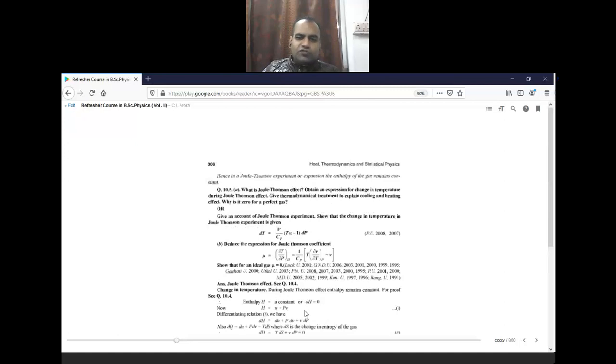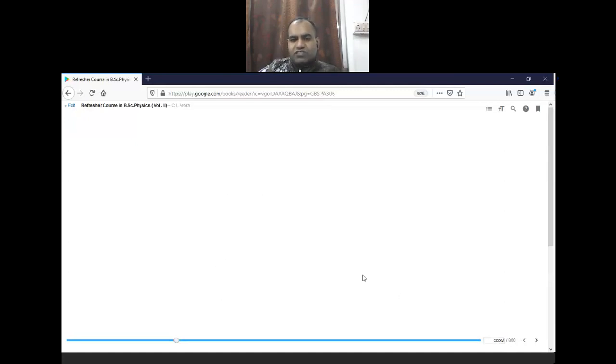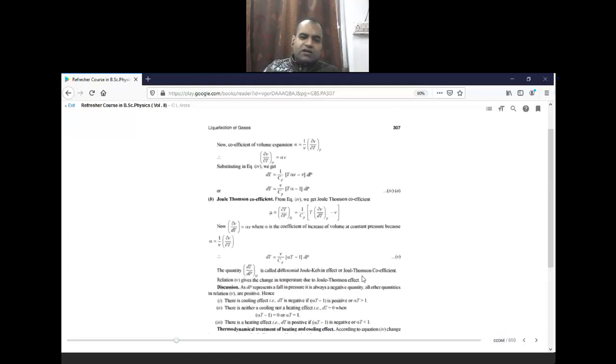Okay, we come to the end of this part, and in the next part we will show the cooling process, how Joule Thomson expansion works. Our next target is to find an expression for the change in temperature with the Joule Thomson effect.